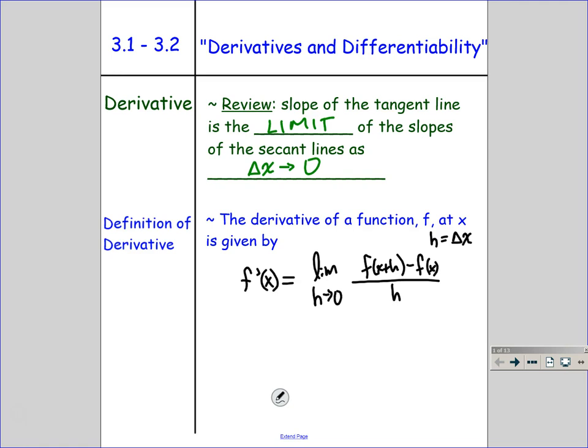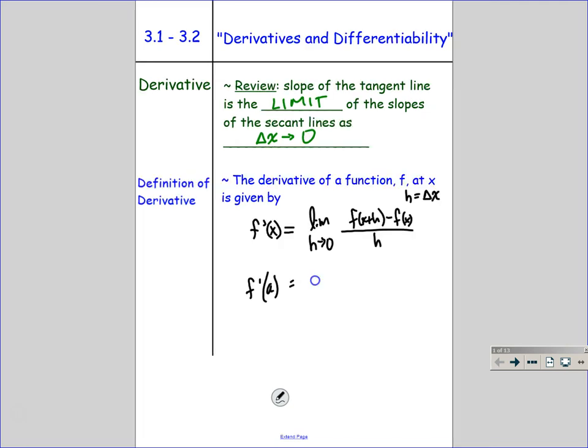Now the other two alternate forms, technically, they would be f prime of a, right? So f prime of x at a particular x equals a. So give me one of the other ones, and let's start off with delta x going to 0 again. What would that one be? Yeah, all we have to do is plug in x is equal to a, right? But that's not the only way. What's the other way?